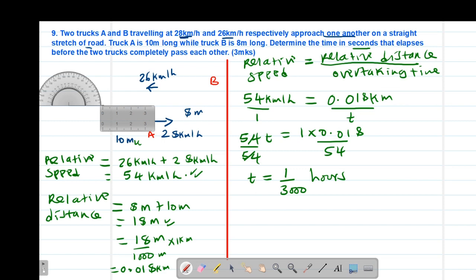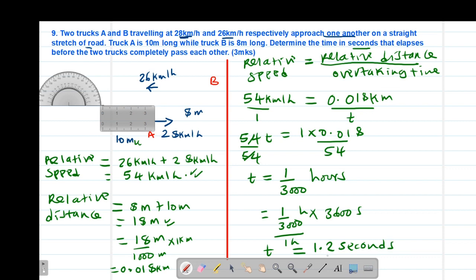But they wanted the time in seconds, so we multiply by 3,600 seconds, because 3,600 seconds equals 1 hour. So 1 over 3,000 multiplied by 3,600 gives us 1.2 seconds.